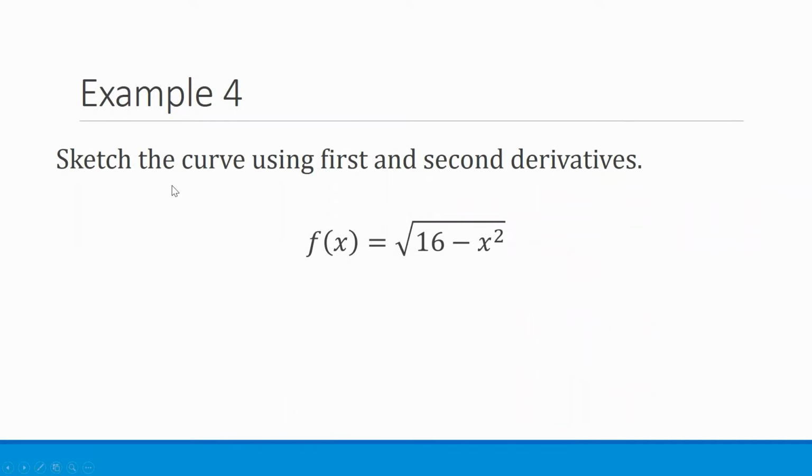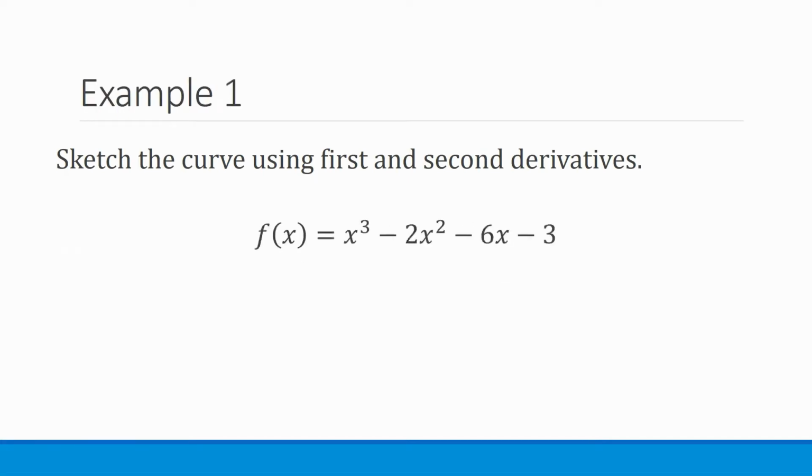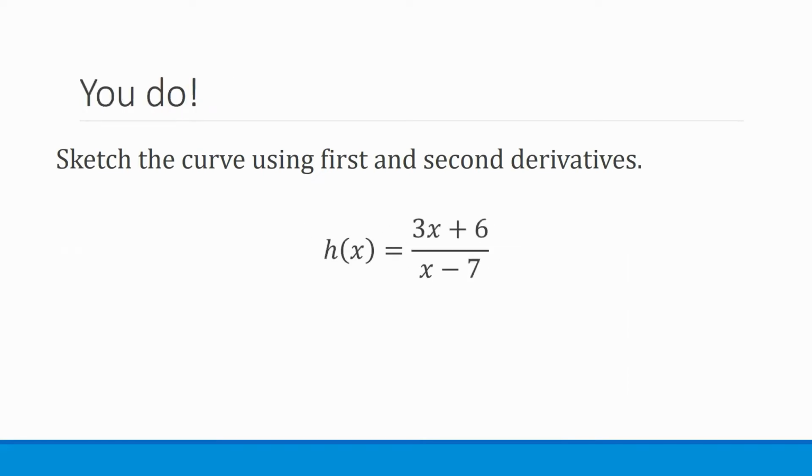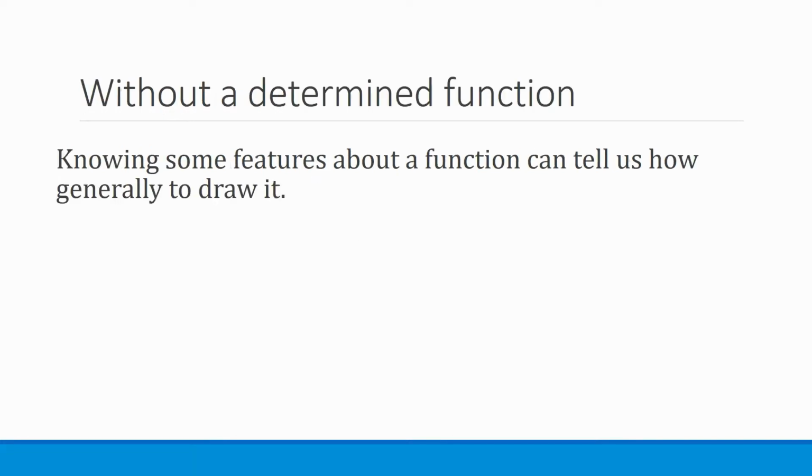Now, we've seen a lot of examples of sketching a curve after I've been given a specific function, whether that function was a polynomial function, a rational function, a product of a polynomial and an exponential, or had a square root in it, and all of that.